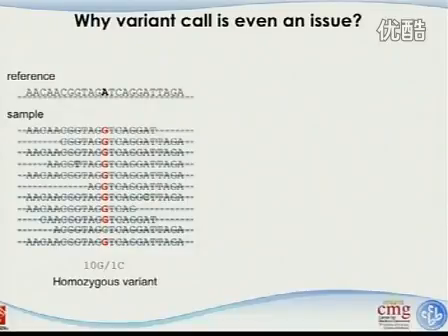Because we really have two chromosomes, a pair of chromosomes for every genomic location, we're supposed to have half of the reads from the dad genome, half of the reads from the mom genome. So if we see something hugely imbalanced like this, it's more likely to be a homozygous variant location. Does that make sense?